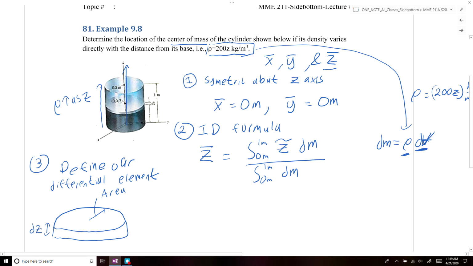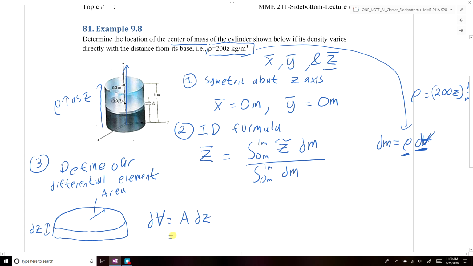The thickness is so small that we can say that the density within this element is the same from the top to the bottom, so the density of this element is constant. To determine the differential volume of our element, we multiply the area times dz.